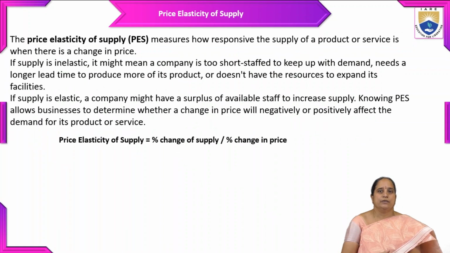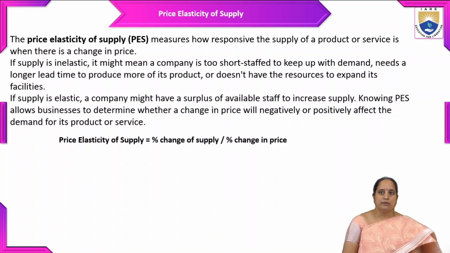And the price elasticity of supply, which is denoted as PES, measures how responsive the supply of a product or service is when there is a change in price. If the supply is inelastic, it might mean a company is too short staffed to keep up with demand and needs a longer lead time to produce more of its products, or does not have the resources to expand its facilities.